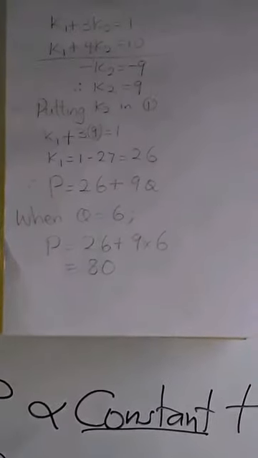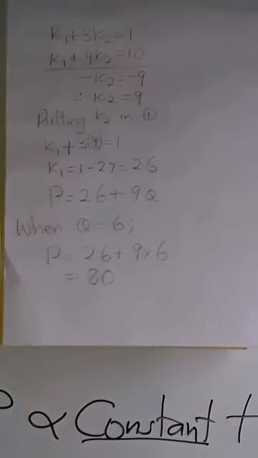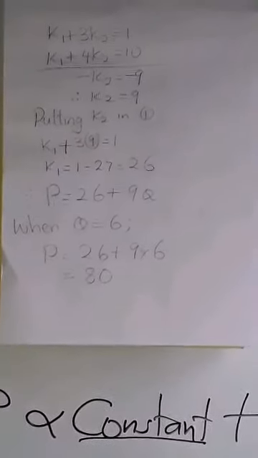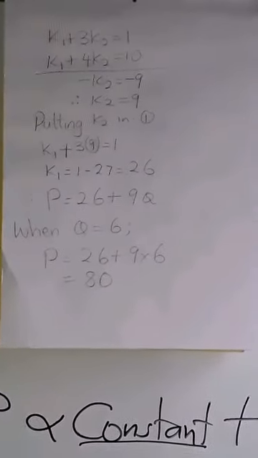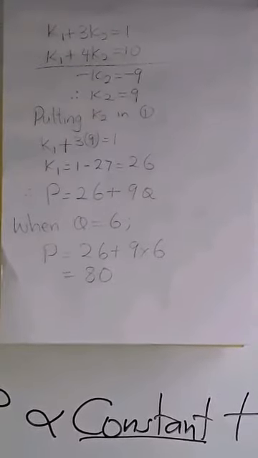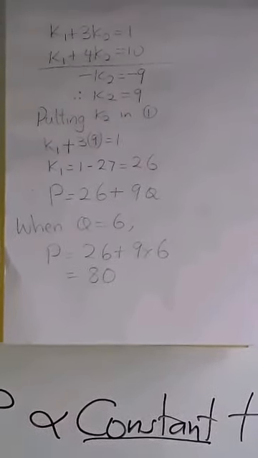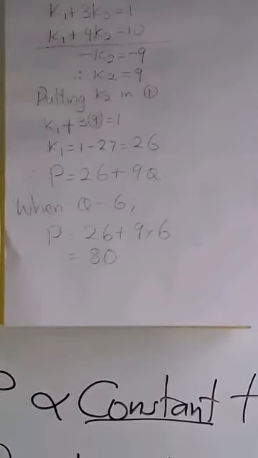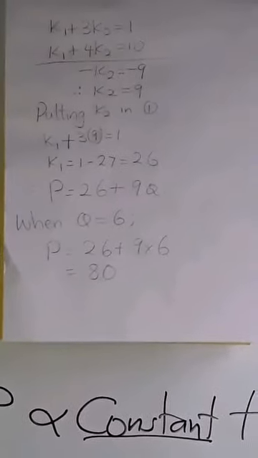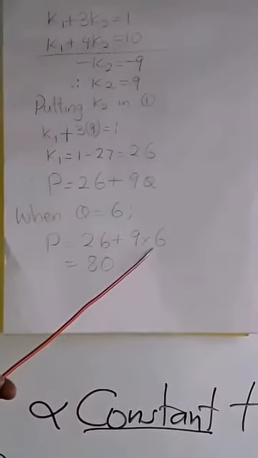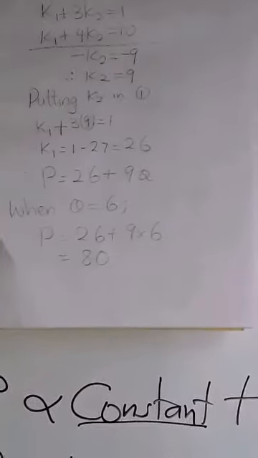So the equation here now will be p equals 26, which is k1, plus 9q, and that is the relationship between p and q. To find the value of p when q is 6, you substitute the value of q, which is 6, to find this plus this gives you 8.